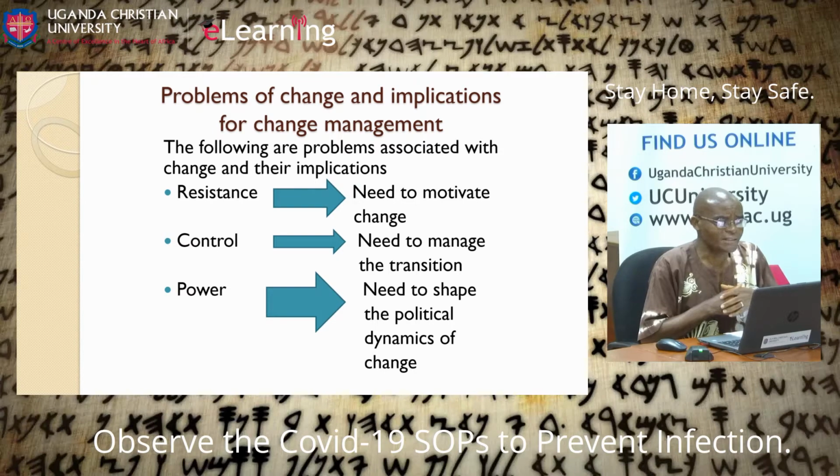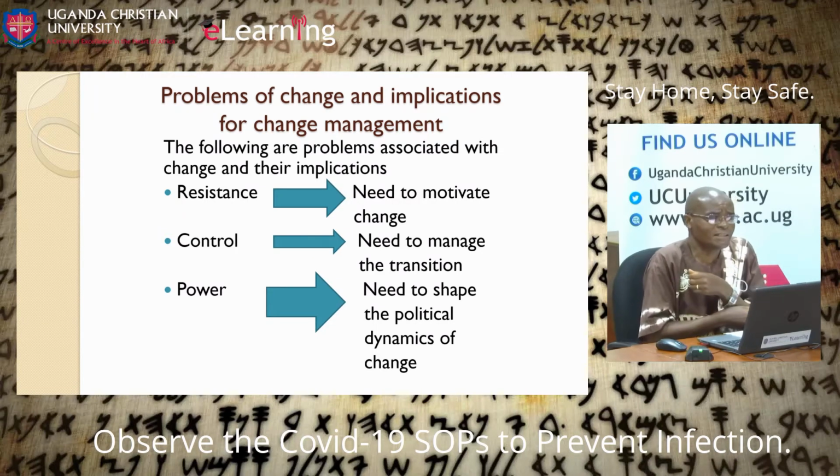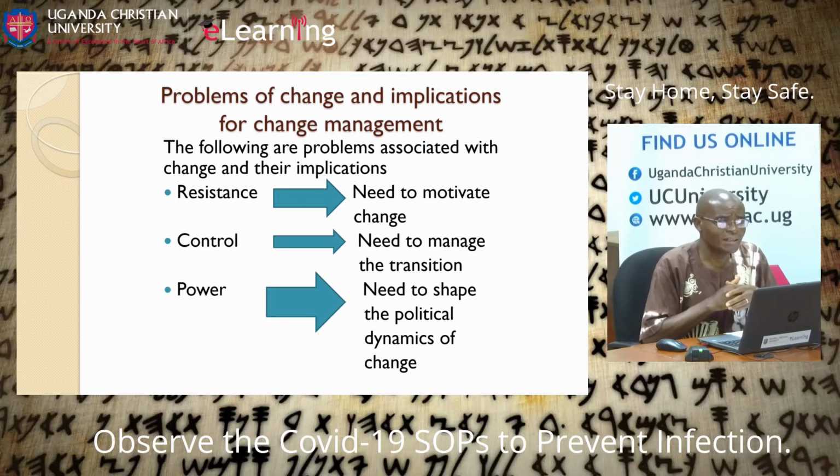And the second problem is how to control that change. You can set in motion a change process, and somehow in the middle you fail to control the process, and you can end up in disaster.